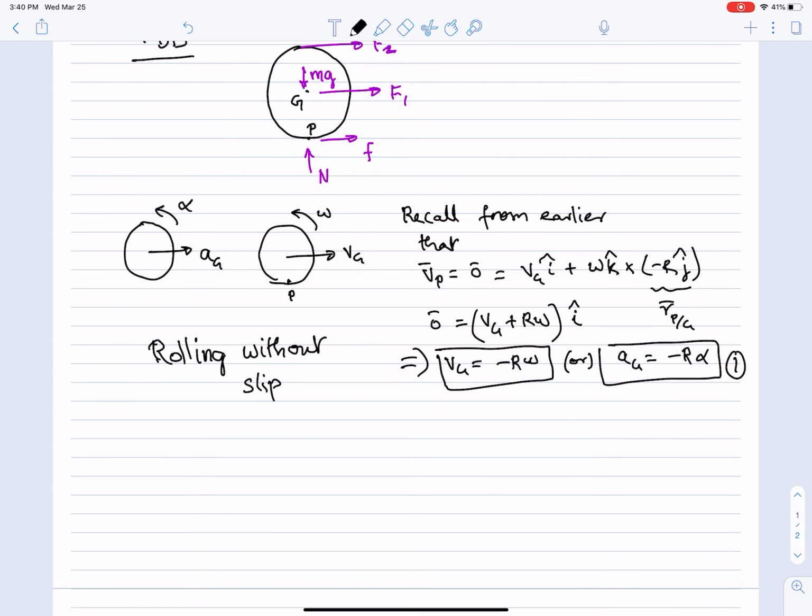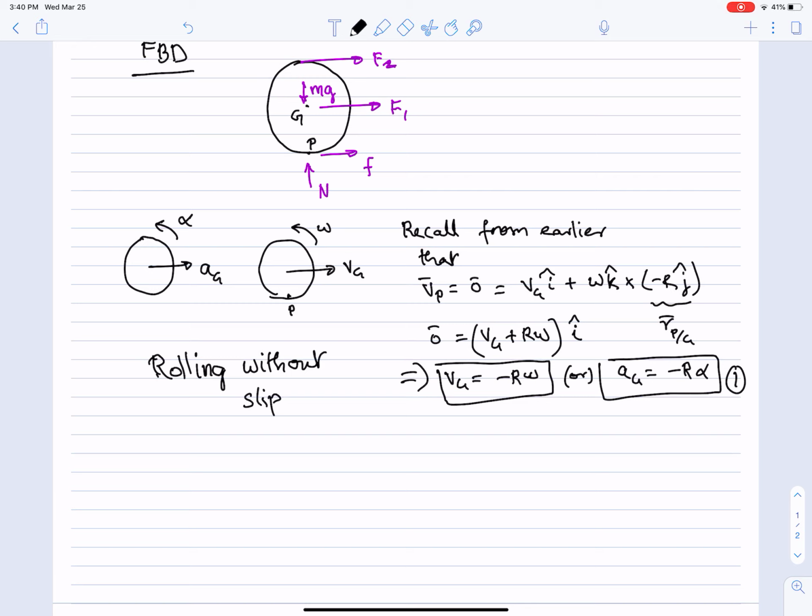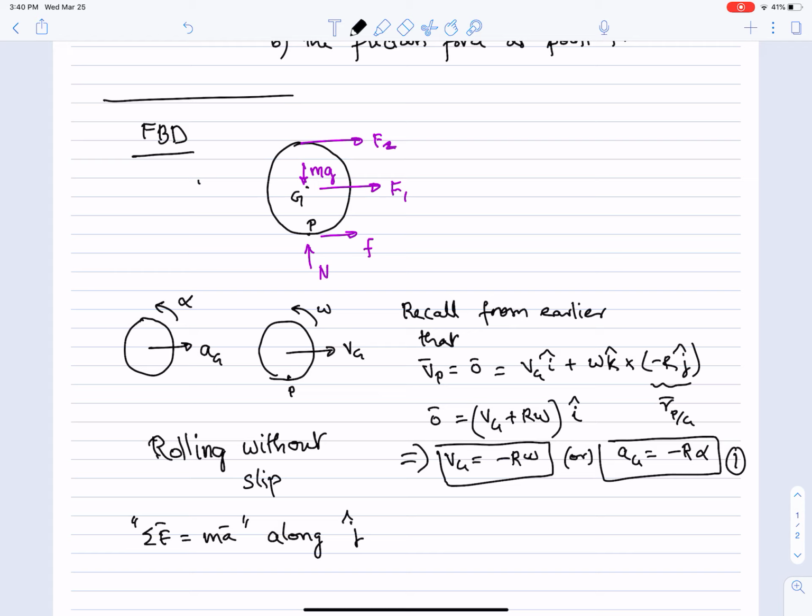Now let's do sum of forces equals ma. Let's do vertical. Sum of forces equals ma along the J direction. So we are calling this the J direction and this the I direction.